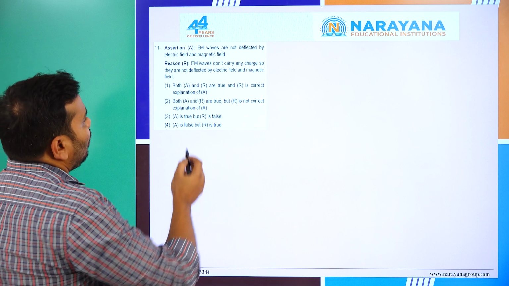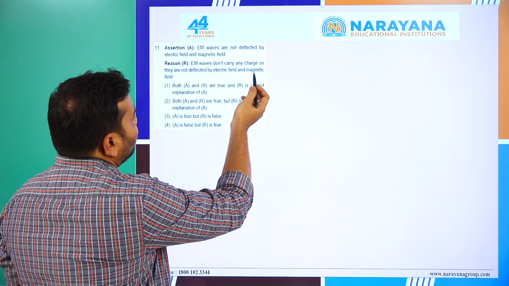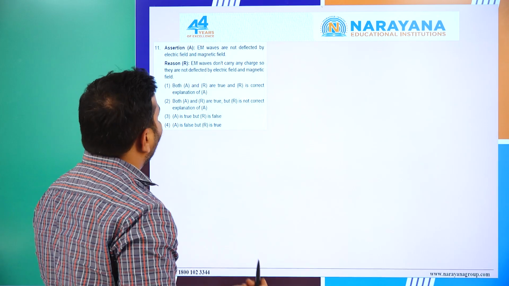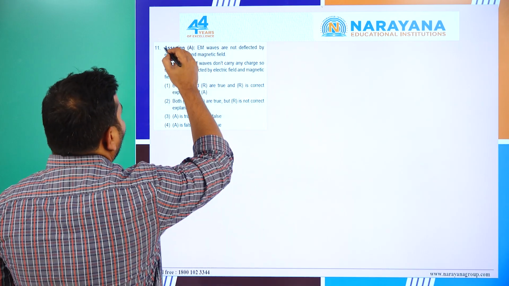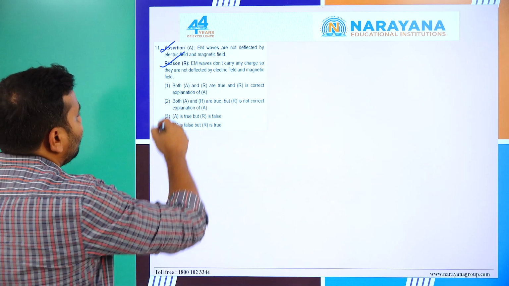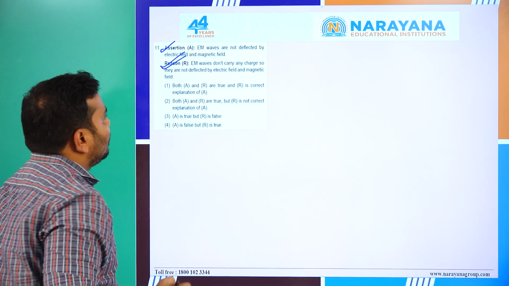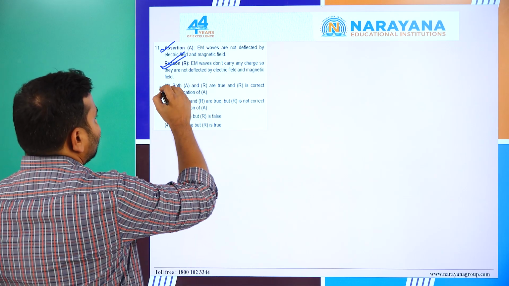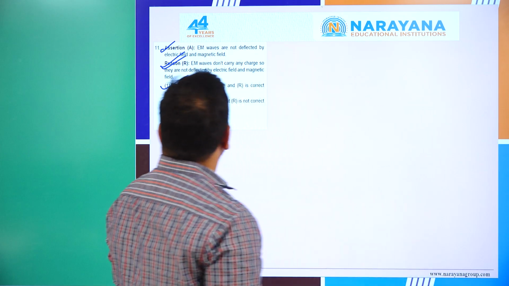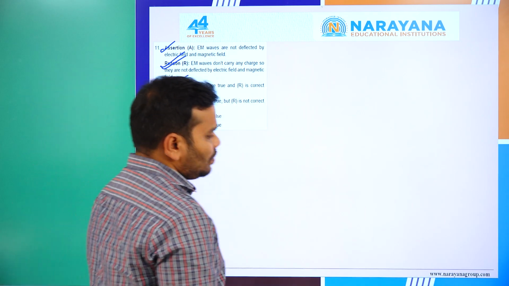The reason is that an electromagnetic wave doesn't carry any charge, so it is not deflected by the electric field and the magnetic field. So both the assertion and the reason are correct, and the reason is the exact explanation for the assertion. That's why the first option is the correct one.